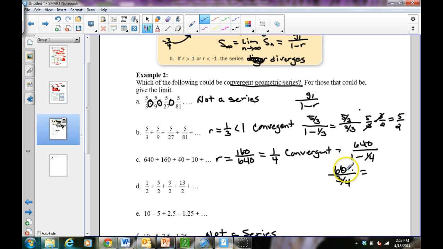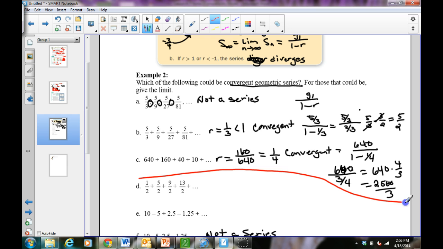Oh, that should be 640, sorry. And then 640 times 4 over 3. Which is what? You end up with 2,560 over 3. Yep, that's the limit.